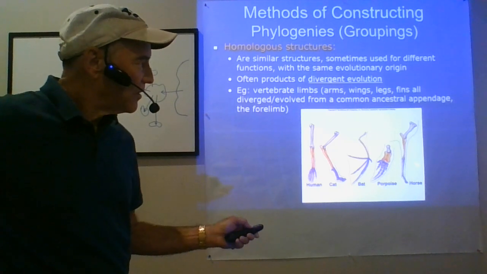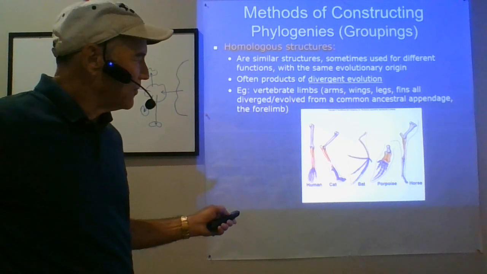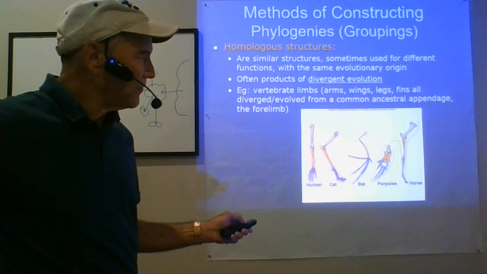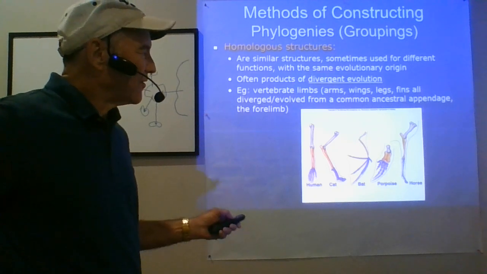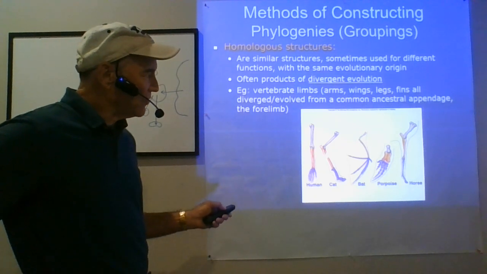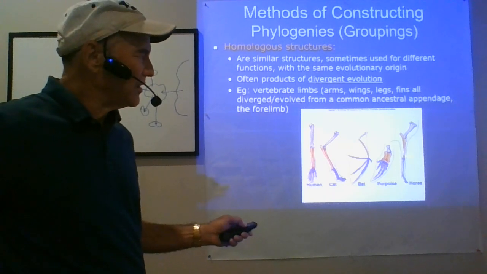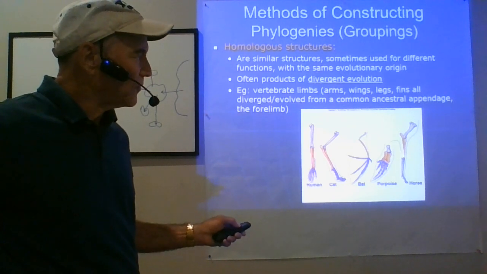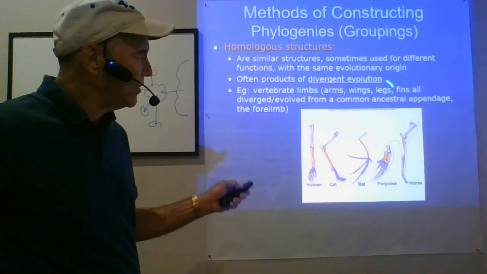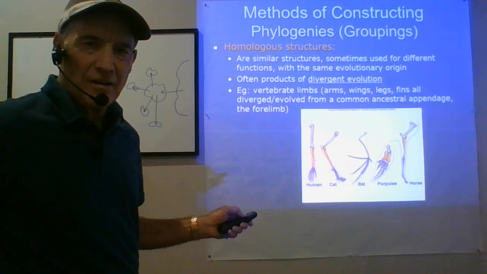So here's some appendages. An arm, a forelimb, a wing, a fin, and another forelimb. When you look at the bones, you see a common pattern. So it suggests that maybe these all came from a common organism long ago that had an appendage that evolved differently.